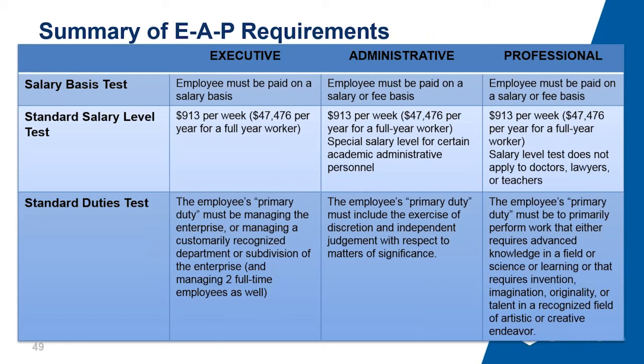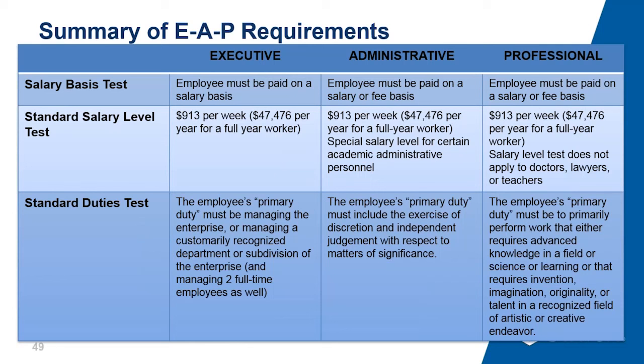So here is a summary of the requirements. So if we look at the 3 different categories, the executive, the administrative, and the professional, we have the 3 different tests that apply. The salary-based test means that they must be paid as an exempt, meaning there can't be deductions made that are not allowed under the federal government from their salary.